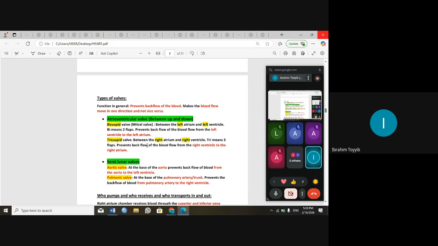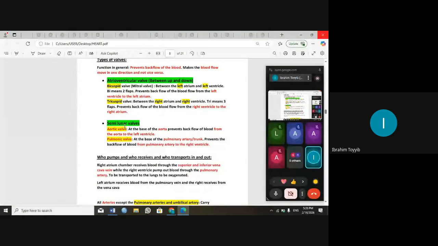Why tricuspid valve performs the function of preventing backward flow of blood from the right ventricle to the right atrium? When the blood is coming from the body through the superior vena cava and the inferior vena cava, it gets to the right atrium first. Then it goes inside the right ventricle. So for the blood not to come from the right ventricle back to the right atrium, the tricuspid valve performs that action.